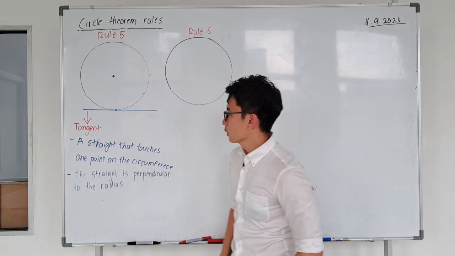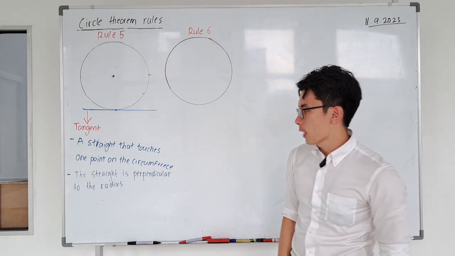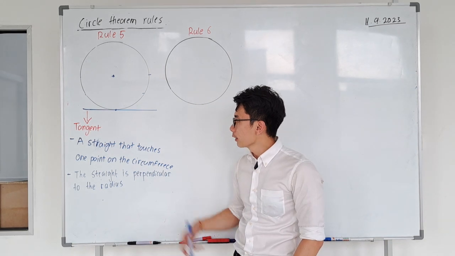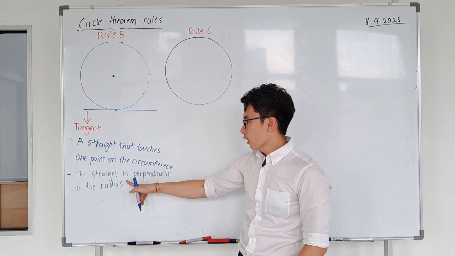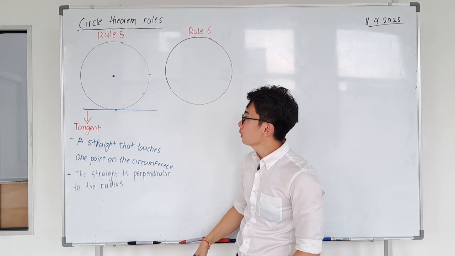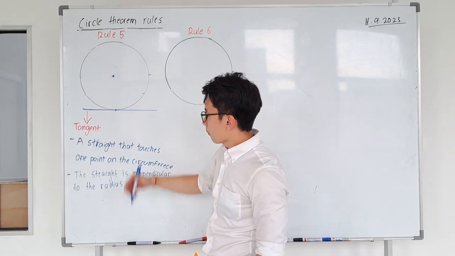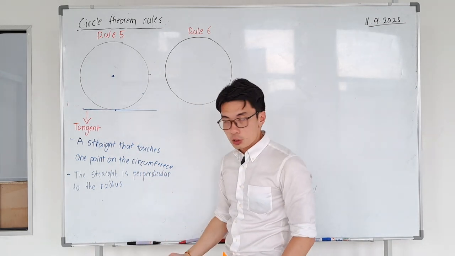All right, so the second part for a line to be a tangent, it is a straight line, and the straight line is perpendicular to the radius. Perpendicular over here means 90 degrees.